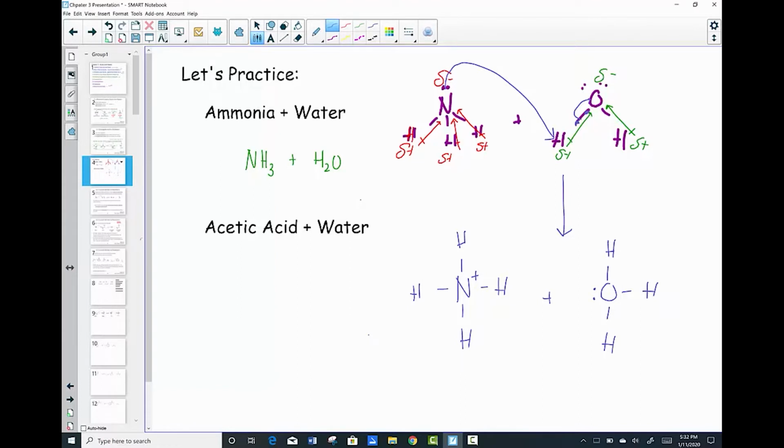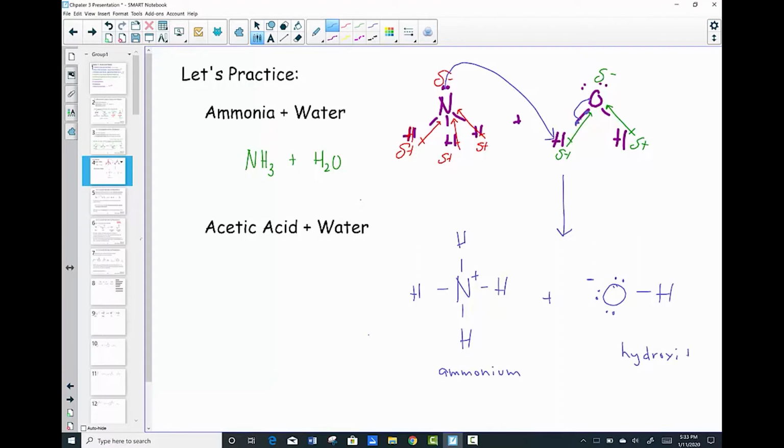Whoops, I did that the wrong way. We took off a proton from water, leaving its conjugate base, silly. This would be the OH with three sets of dots and the negative charge to represent the formal charge on hydroxide. So ammonia has turned into ammonium, and water has turned into the hydroxide ion.